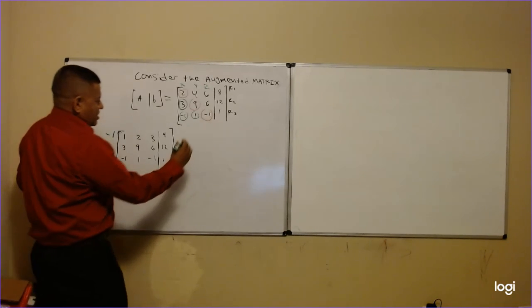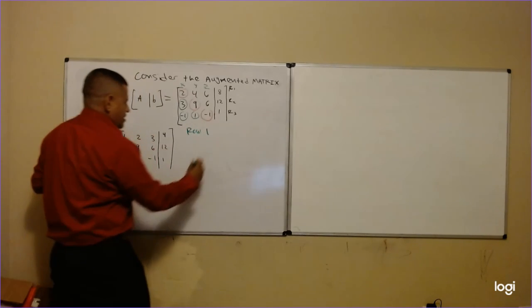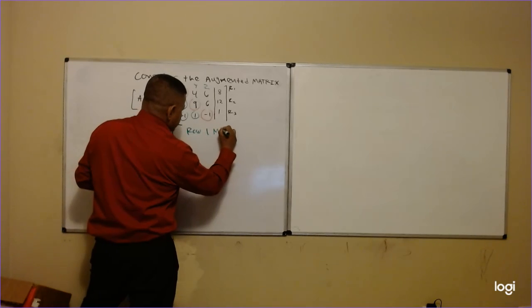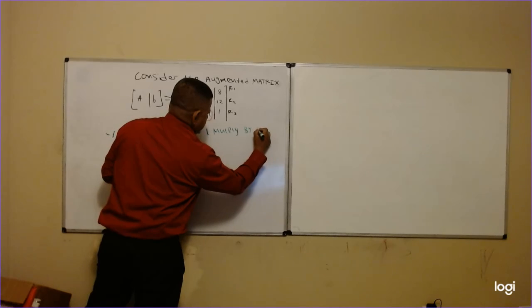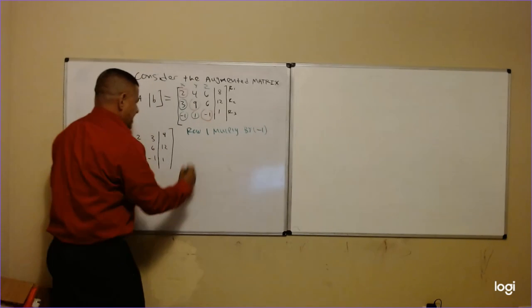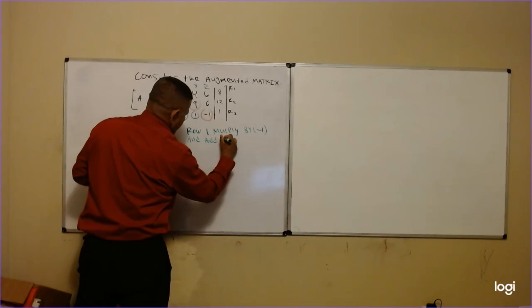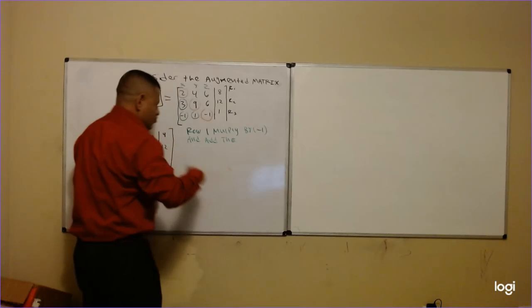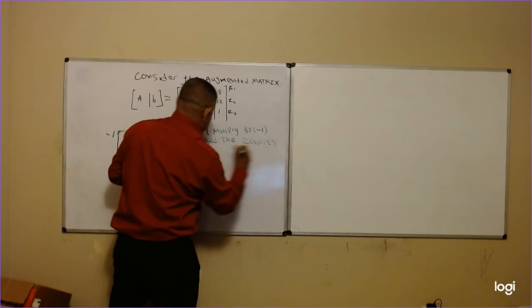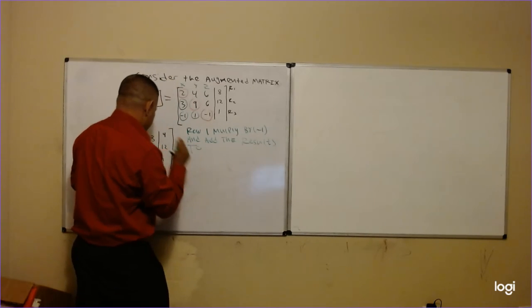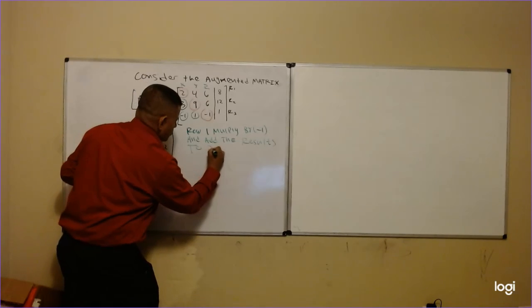Let me be clear. Okay, so row 1, I multiply by negative 1 and add the result to row 2.